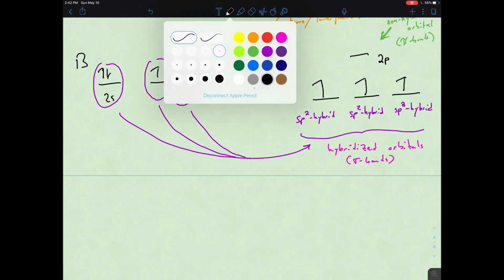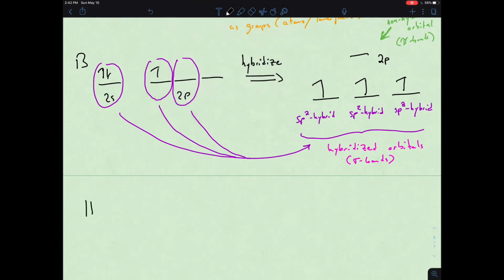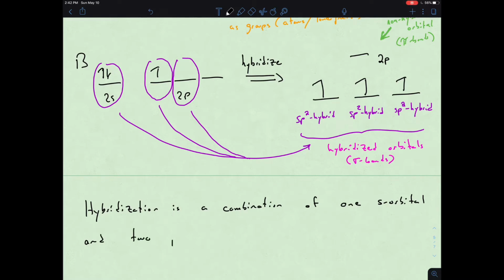So here, the hybridization is now a combination of 1 s orbital and 2 p orbitals.